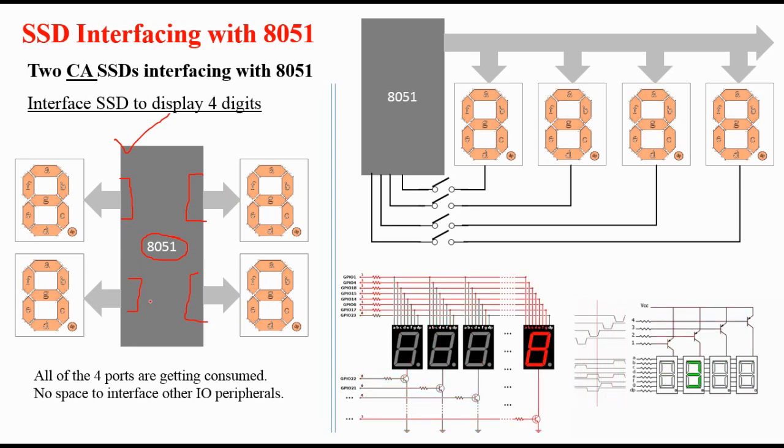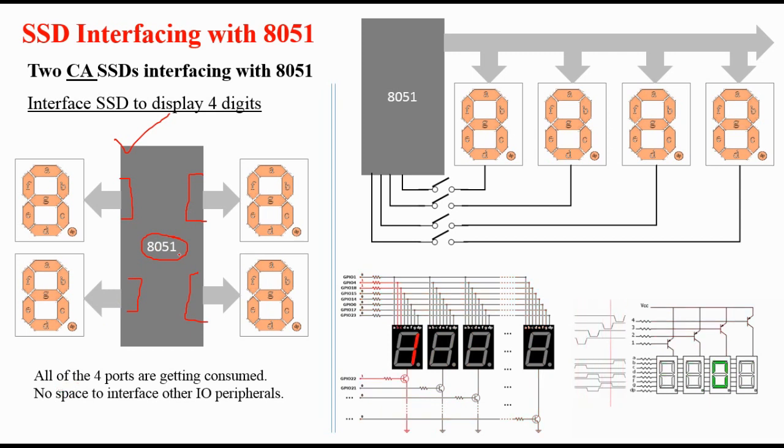Now we don't have any pin left for connecting, let's say, sensors or any other IO device. If we connect 7 segment displays in this fashion, all of the 4 ports will get consumed and no space will remain to interface other IO peripherals. Here port pins are getting consumed unnecessarily.